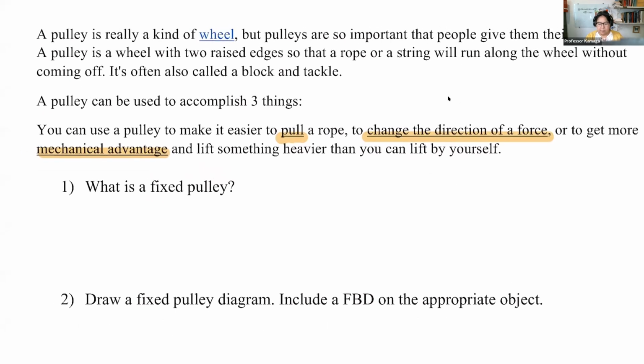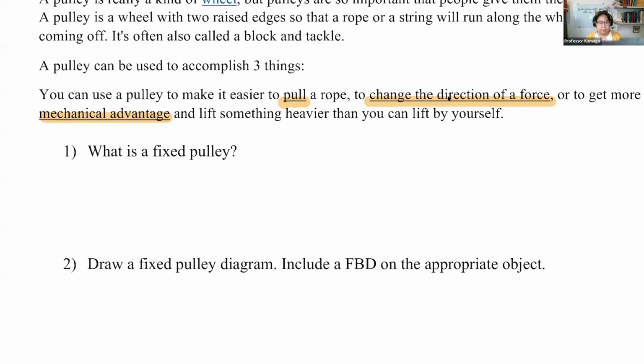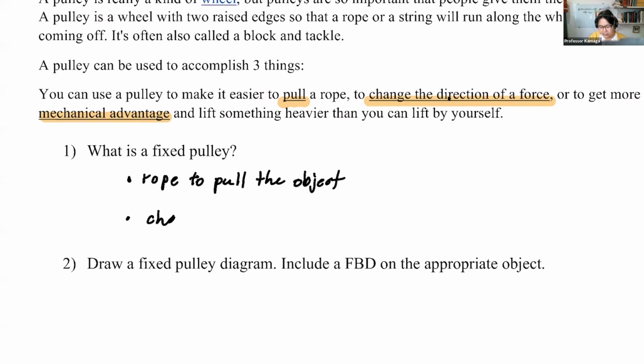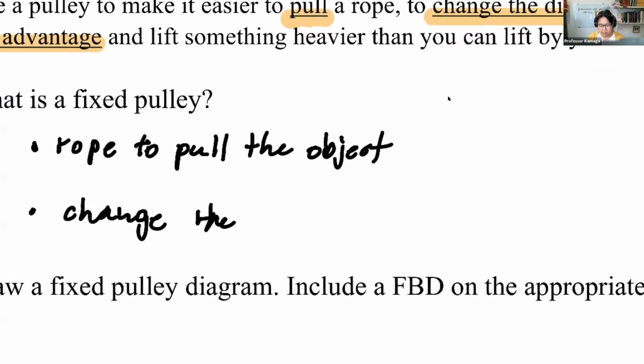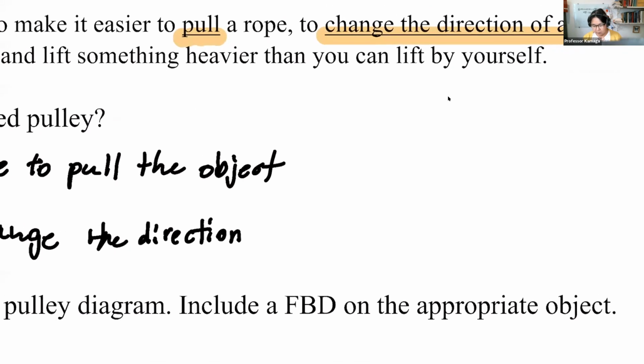So what is a fixed pulley? A fixed pulley is to use the rope to pull the object, and it changes the direction of a force.